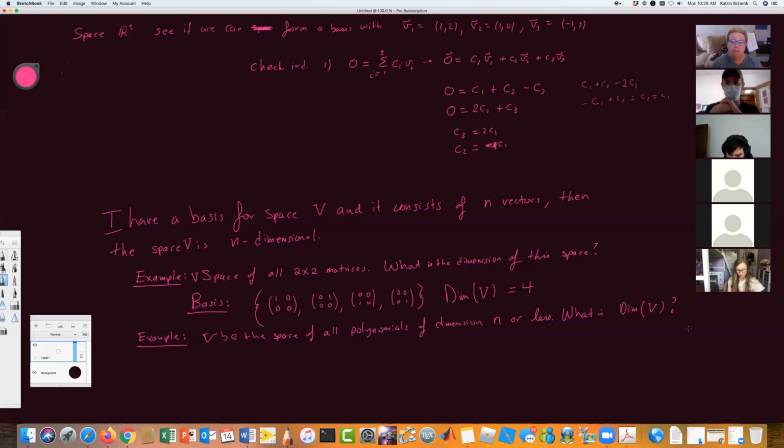You've got to remember that the basis vectors are members of the space that they span. So in R2, they would be vectors that look like 0, 1, or 1, 0, or 1, 2, or 3, 4, right? In the space of polynomials, your basis has got to be a polynomial vector. It's got to also be a polynomial. It can't just be, I don't know, a vector in R2.